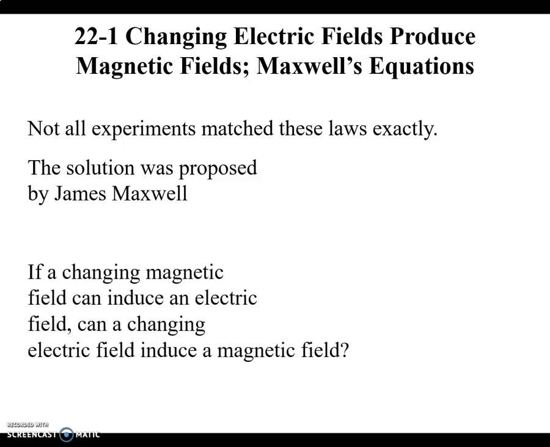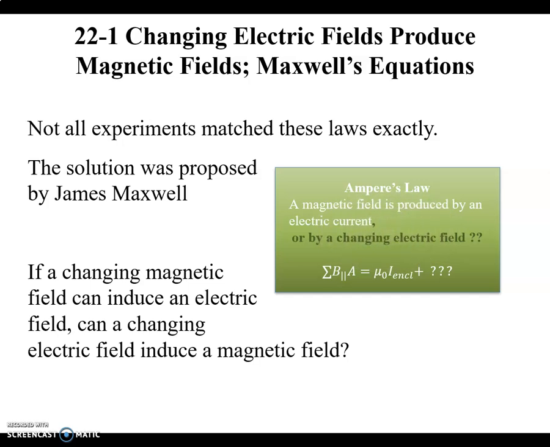He suggested that if a changing magnetic field can induce an electric field, then is it possible to have a changing electric field also induce a magnetic field? And if this is the case, then there would need to be a change to Ampere's law. But the question was, what is that change?